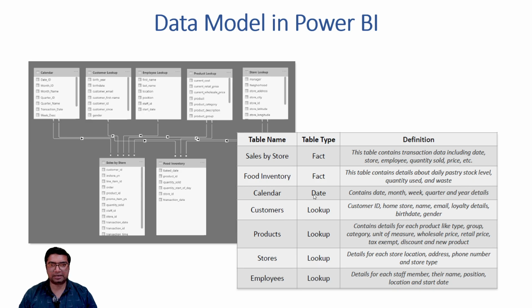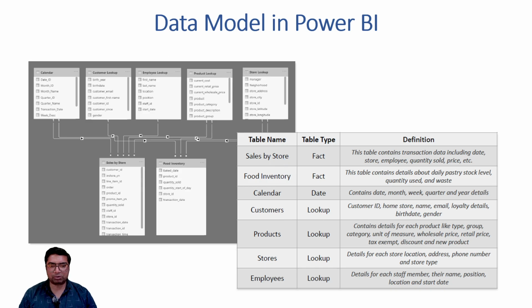And the calendar is date-related data: month, week, quarter, year, etc. The others are simply dimension or lookup tables, or dim tables: customer, product, store and employee. So this data has definitions, data types, table types and table names. And with the help of all these tables, we need to create a data model like this.